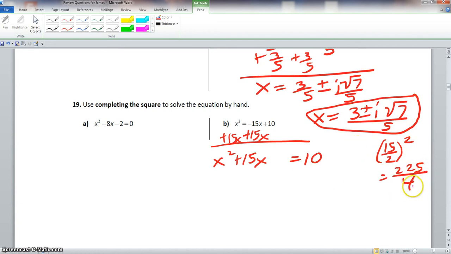So we will add 225 over 4 to both sides. And then here we will have our parentheses squared is equal to, now you could put this in your calculator.